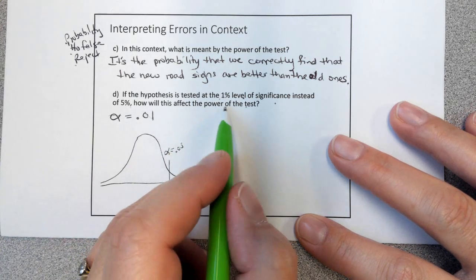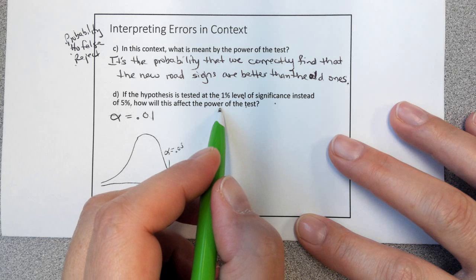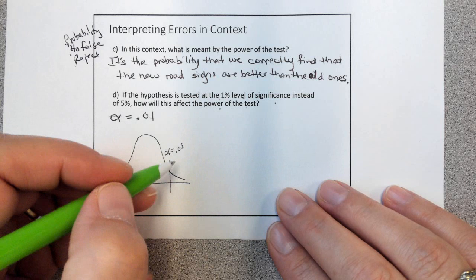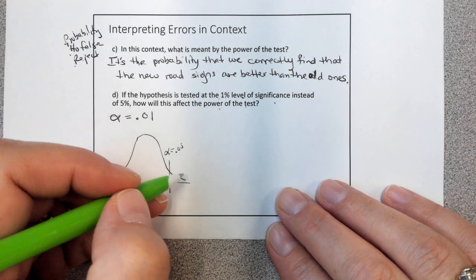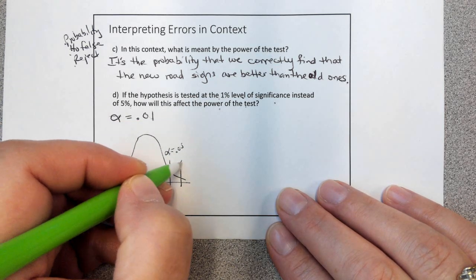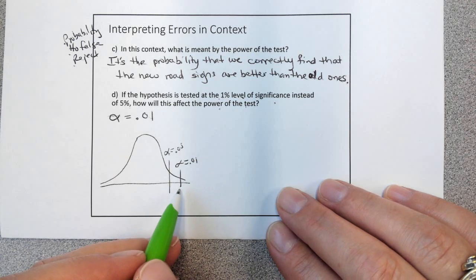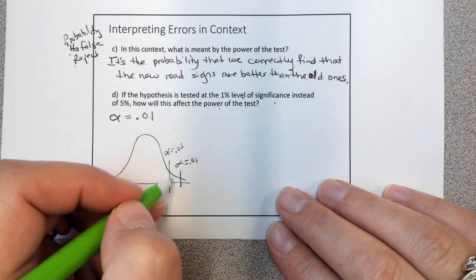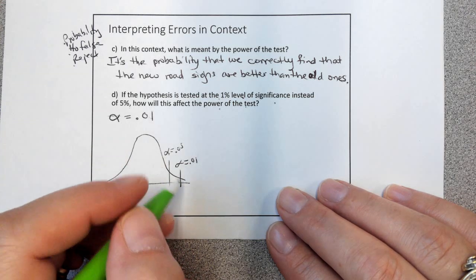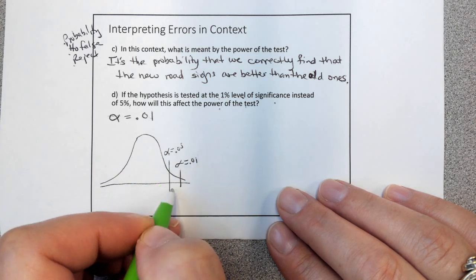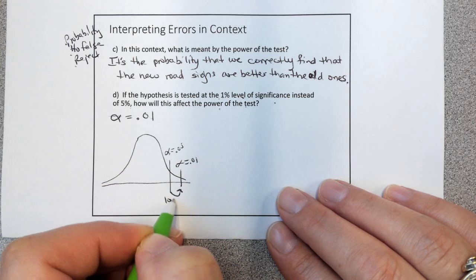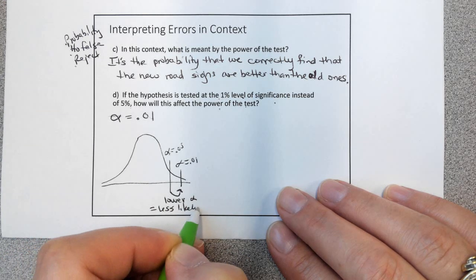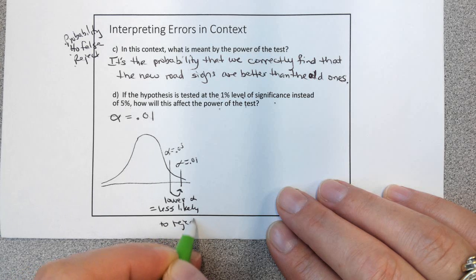Okay, power is about rejecting a null, right? Yes, Ms. Rose, it is. Thank you for playing. It's about rejecting the null. If I take that to 1%, so if I go down to 1%, am I more likely to reject or less likely to reject? Less, yeah. If we lower alpha, so we go from here to here, lower alpha equals less likely to reject.